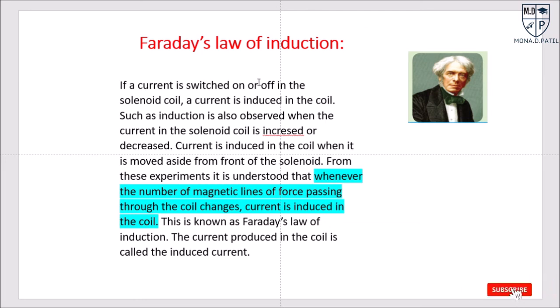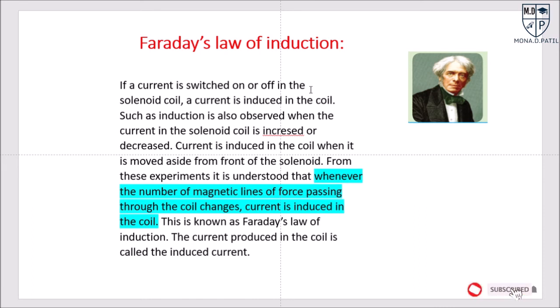If a current is switched on or off in the solenoid coil, a current is induced in the coil. Such induction is also observed when the current in the solenoid coil is increased or decreased. Current is also induced in the coil when it is moved aside from in front of the solenoid.